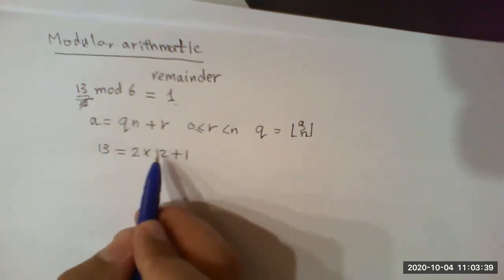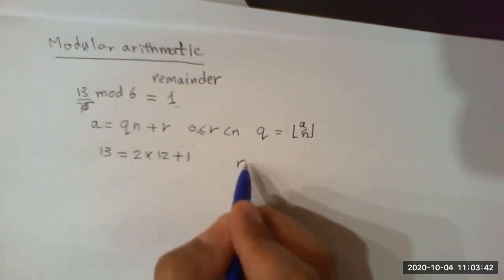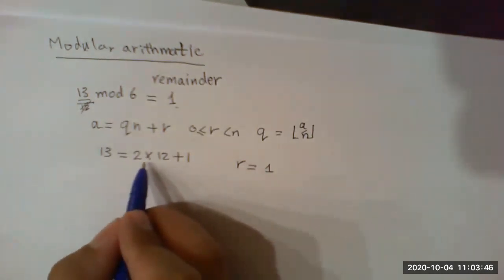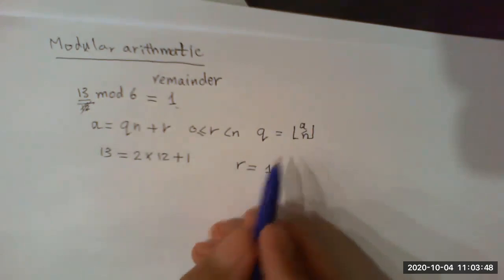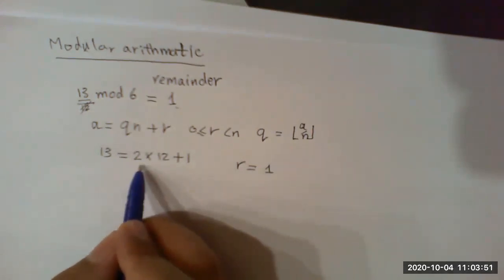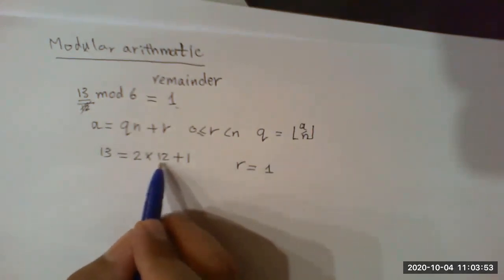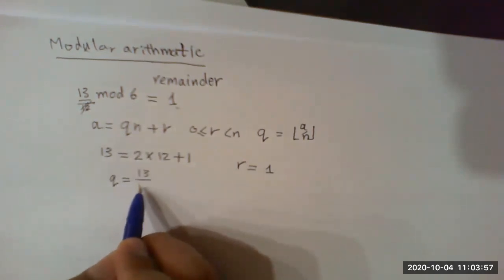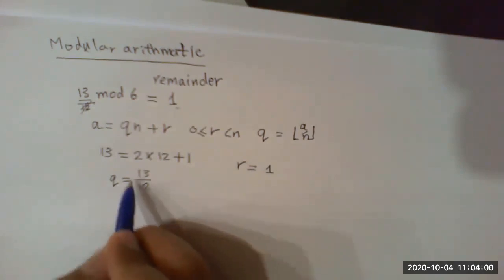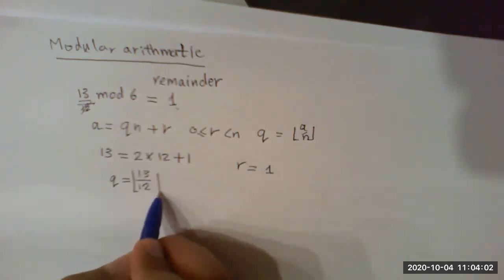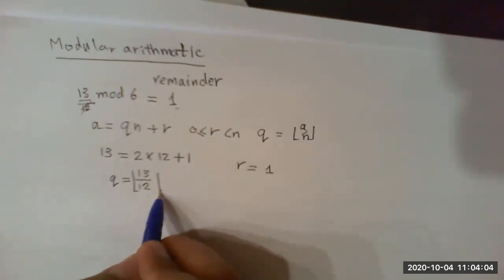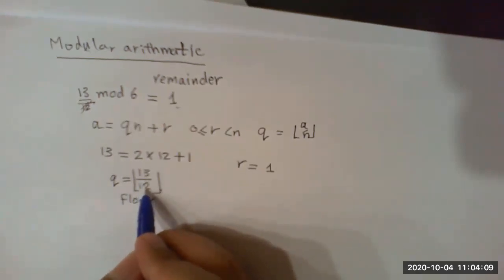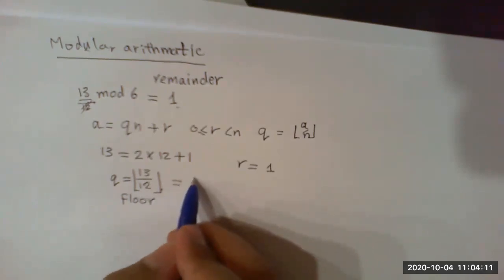Here R equals 1, and Q equals 13 over 12, the floor of it, which is going to give us 1.